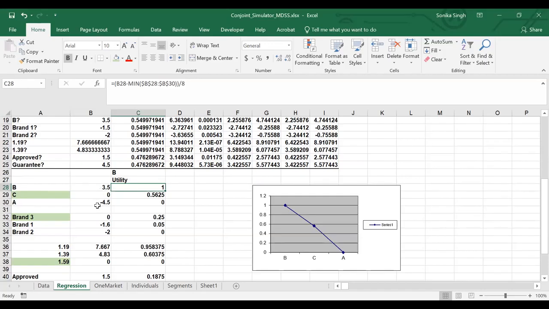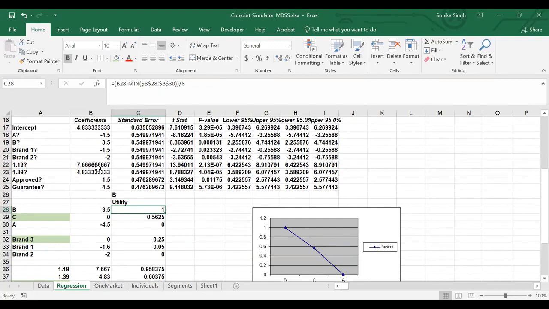So 3.5 minus negative 4.5 comes to 8, divided by the total number of coefficients you have estimated, excluding the intercept, right? So 1, 2, 3, 4, 5, 6, 7, 8. So you have estimated a total of 8 coefficients.